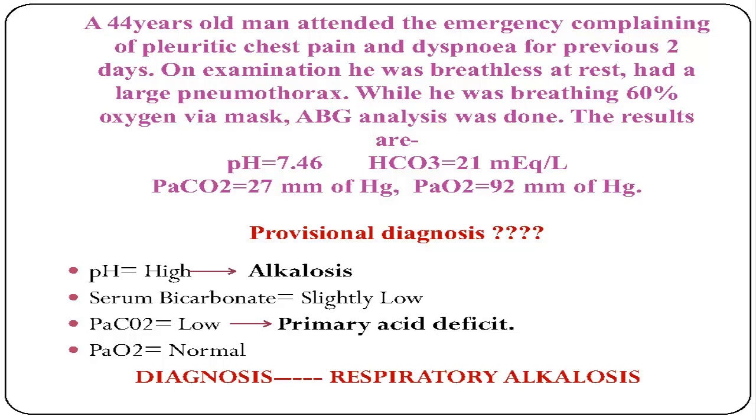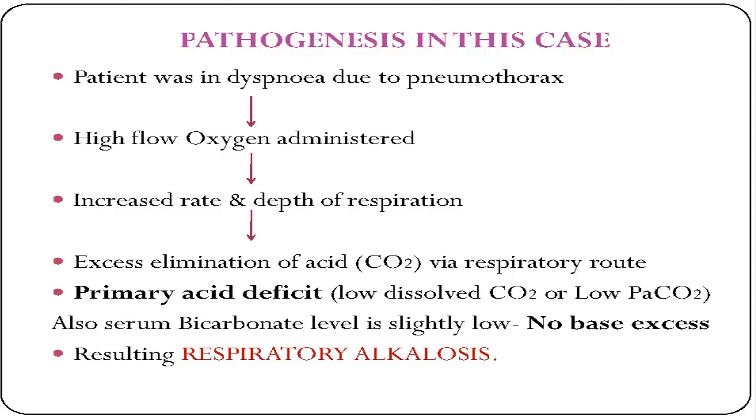Next slide. Now I am coming to the pathogenesis of this case. How did the respiratory alkalosis happen in this patient? Now the patient was in dyspnea. Dyspnea means there is difficulty in respiration, and that is due to pneumothorax. Now the first year students, you may not know what pneumothorax is.